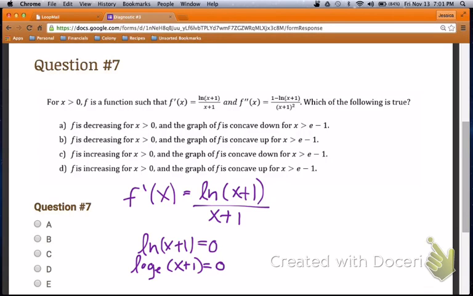Now, I didn't teach you guys logarithms, so this might seem weird to you, but the way that I teach logarithms to my students is I teach them this thing called the wraparound. It's essentially converting it into exponential form, but some people are not aware of this term. Here's how you do it: you take the base, you wrap it around to the other side, so it would be e to the power of 0 equals x plus 1.